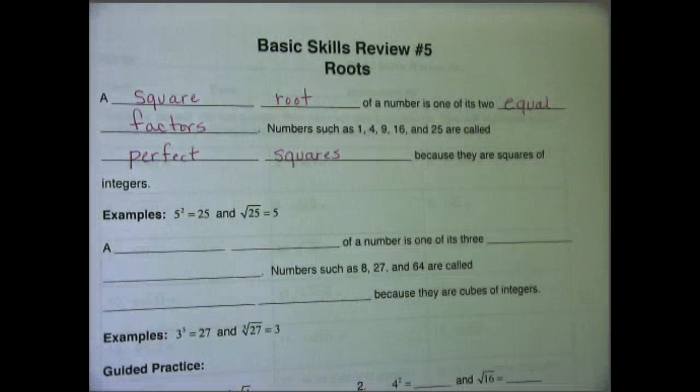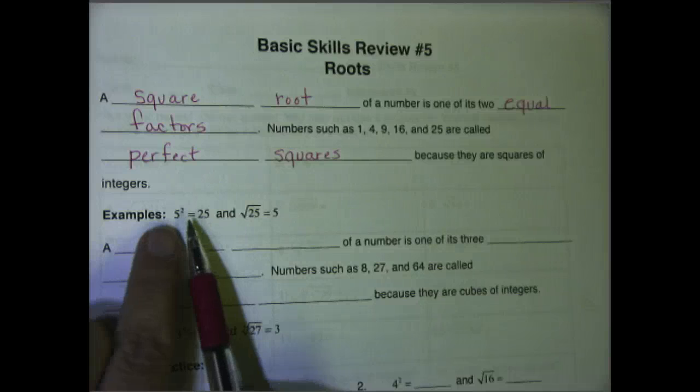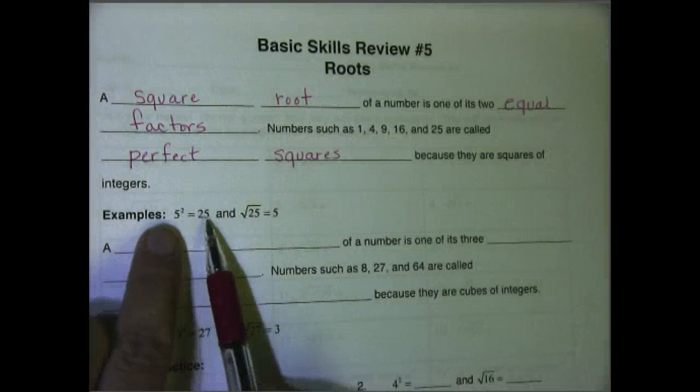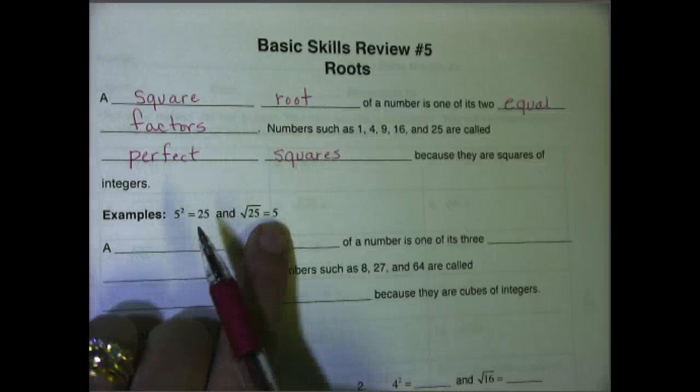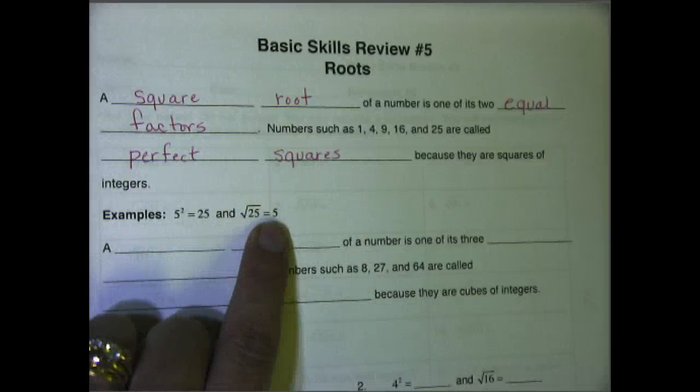So 1 is 1 times 1, 4 is 2 times 2, 9 is 3 times 3, 16 is 4 times 4, 25 is 5 times 5. Example, 5 squared equals 25, so the square root of 25 is 5. 5 is one of two equal factors of 25.